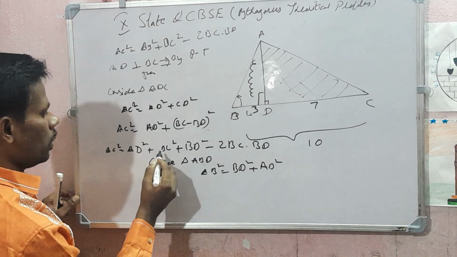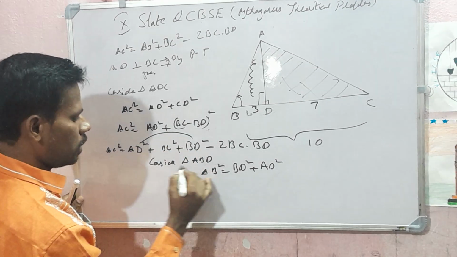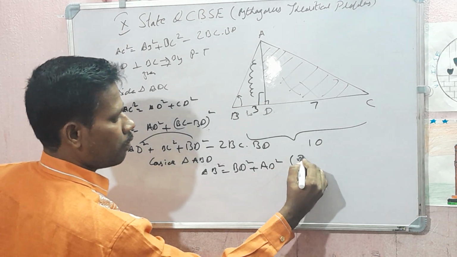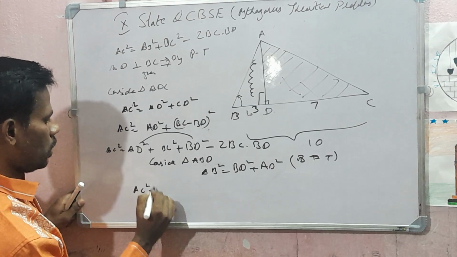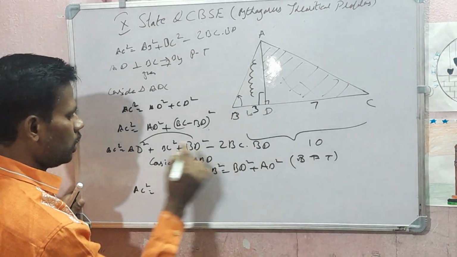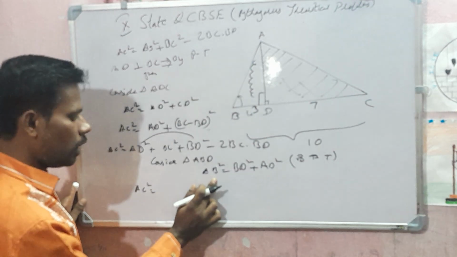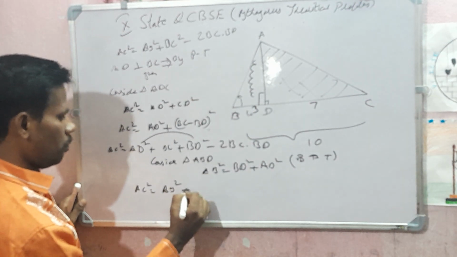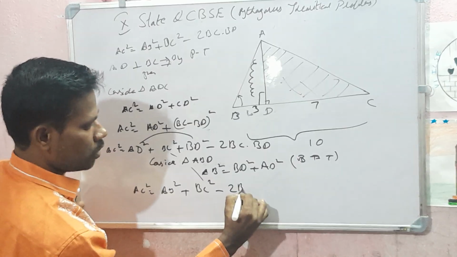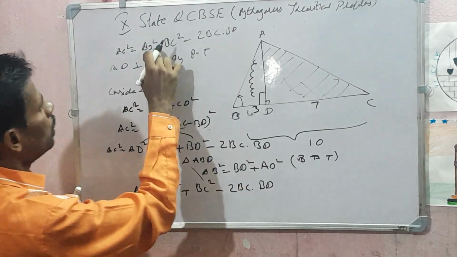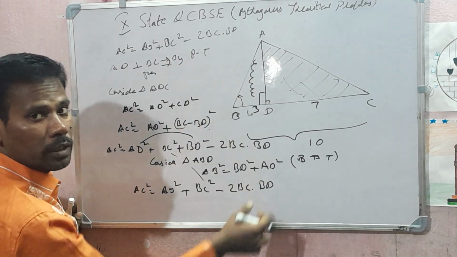Consider triangle ABD by Pythagoras theorem. So AD square is nothing but AB square minus BD square. Substituting, AC square is AB square plus BC square minus 2 times BC into BD.